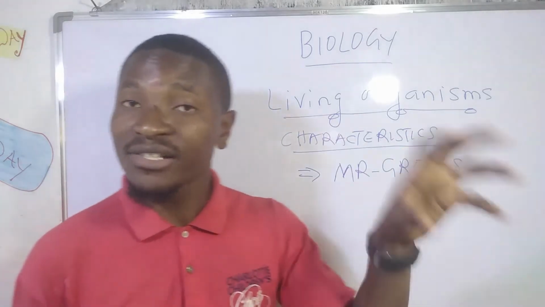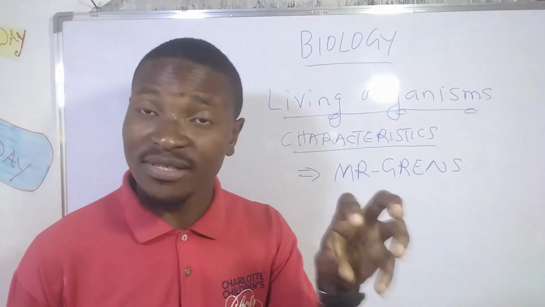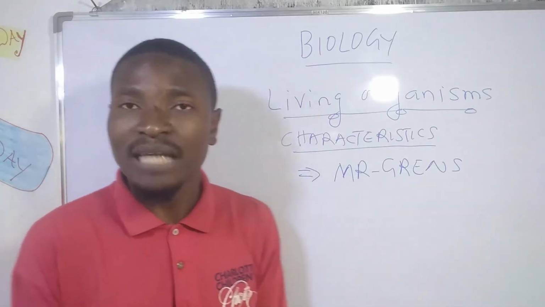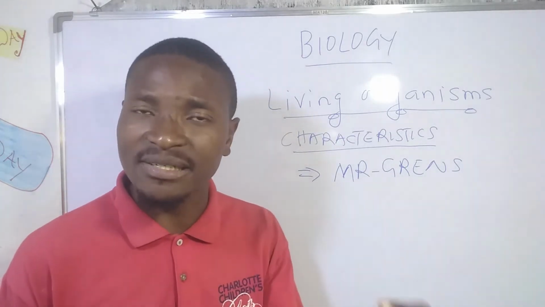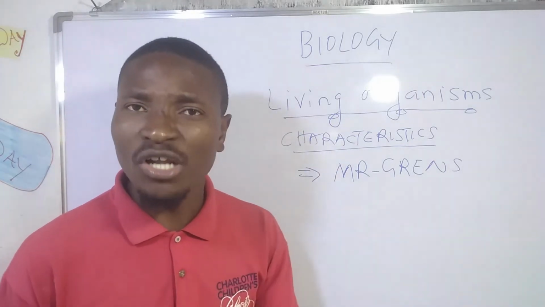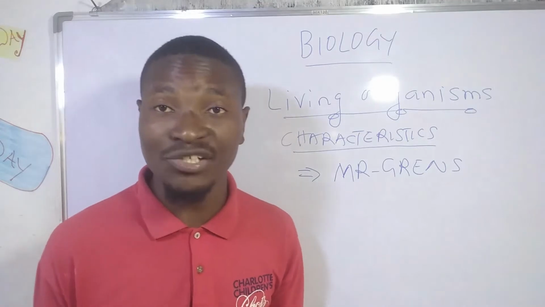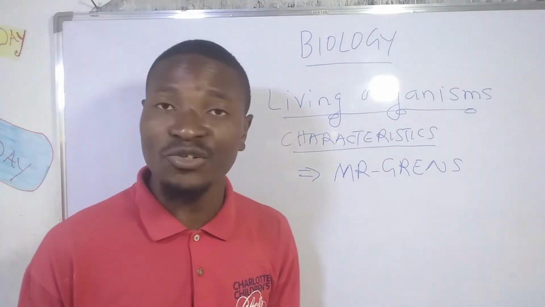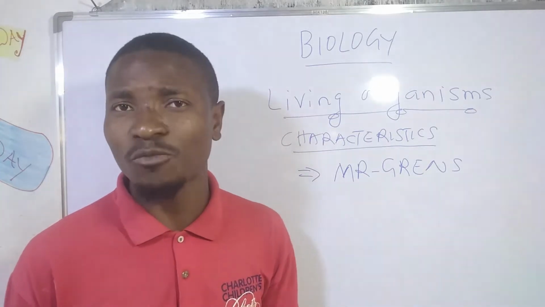Once you understand those characteristics, it becomes very simple to quickly dive into the deep knowledge of biology: unlocking the mystery of enzymes, genetics, digestion and everything that you might think of.